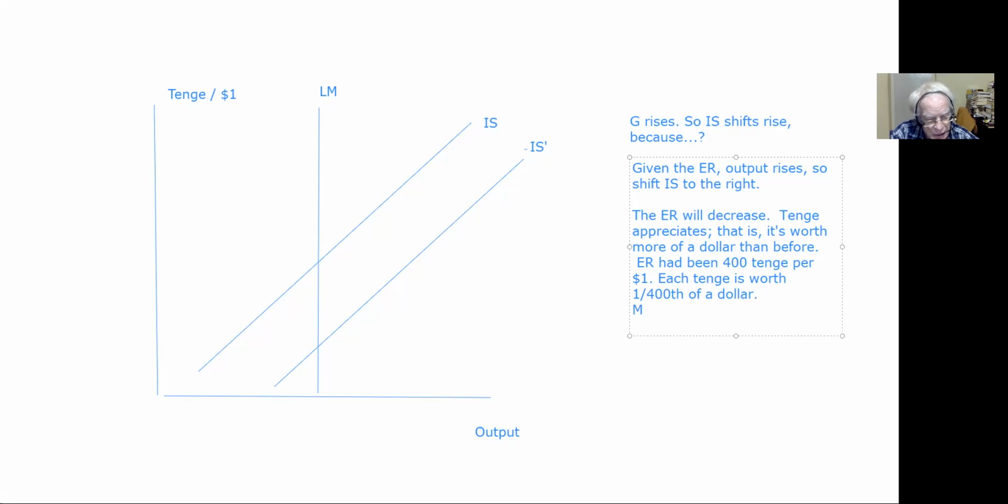Now the exchange rate is 200 tenge per dollar. That is, the exchange rate has decreased. But this does not mean that the value of the tenge decreases, given the way we have defined the exchange rate.